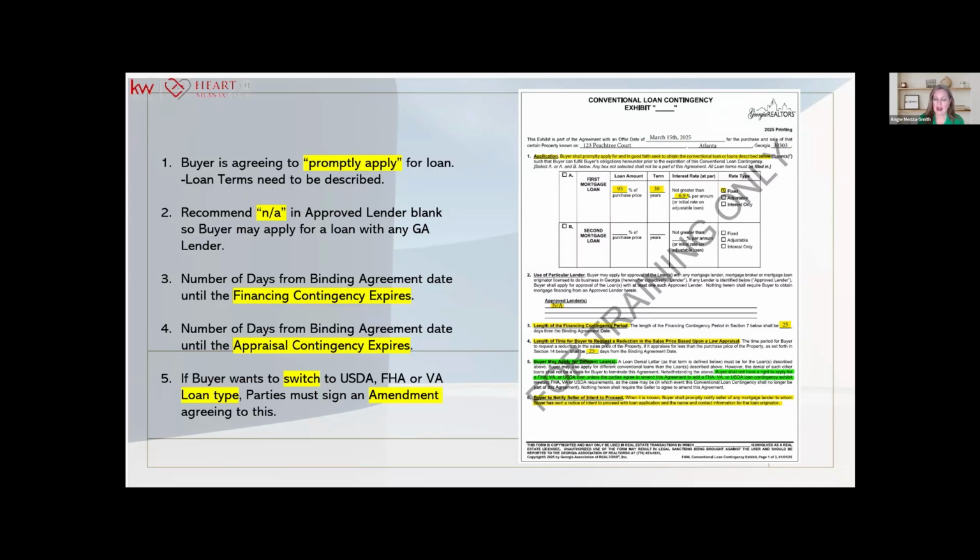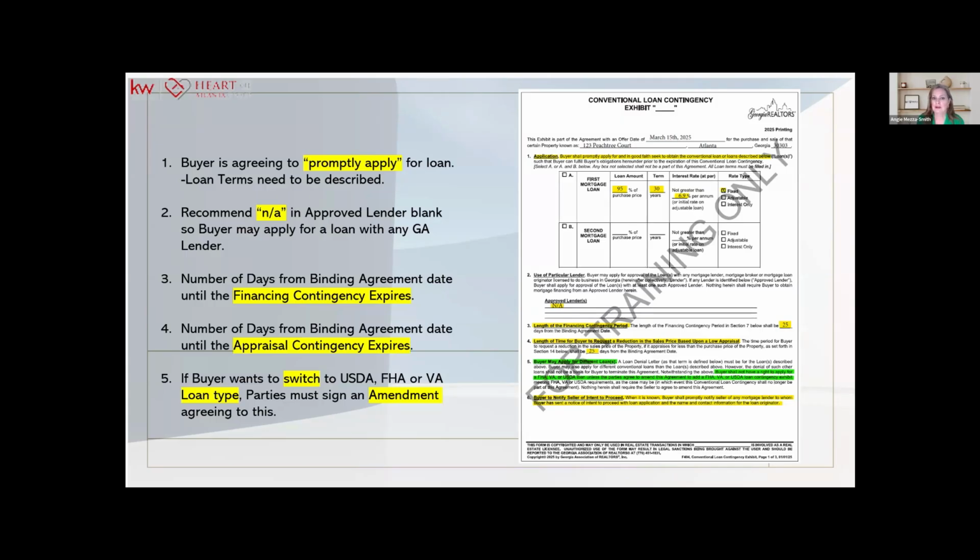FHA and VA do not, and their default deadline for those appraisal contingencies is going to be the closing date. And if you amend and extend the closing date on an FHA and a VA, you're extending that contingency as well. Okay, so that's our number of days, but that's not our financing contingency or our appraisal contingency language. That's on the next page.